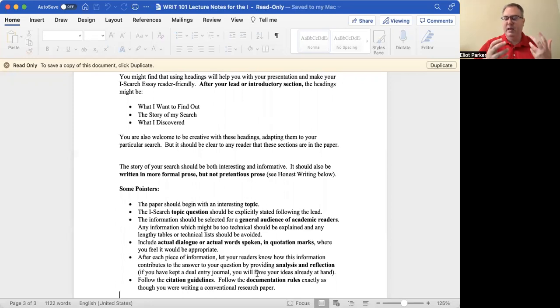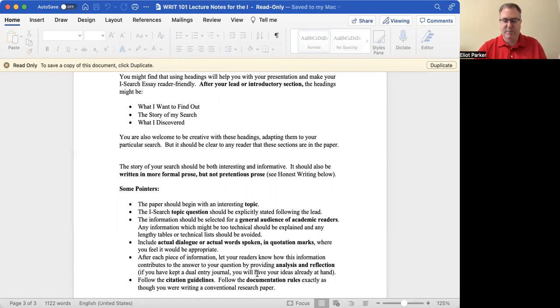For example, is texting and driving something that is committed mostly by young adults, or is texting and driving something that impacts older adults? Or, when did corporate ownership of the media begin? Why did corporate ownership of the media occur? Whatever your question is, you want to mention that in the lead.